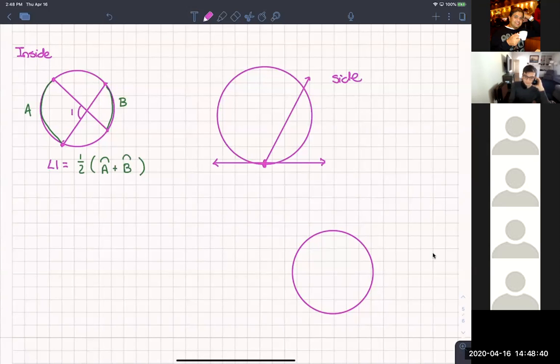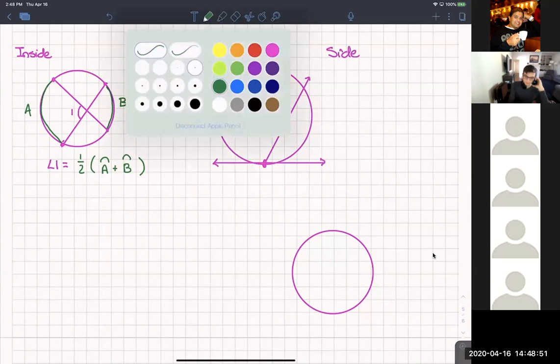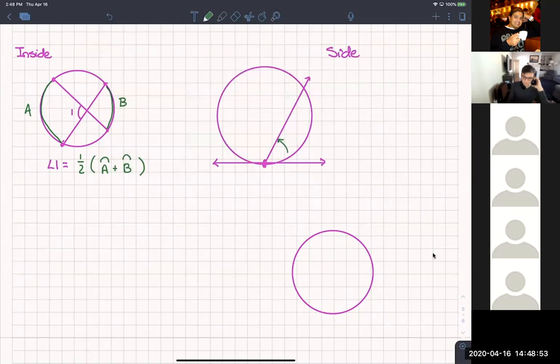Instead of being on the inside, the angle is on the side of the circle. To find the measurement of this angle, angle 2, it'd be 1/2 the intersected chord. Let's call this C. So the formula for this angle on the side is 1/2 the chord.